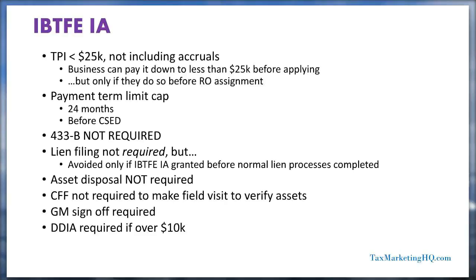Also, collection field function, CFF, if you're not familiar, that's a revenue officer, is not required to make a field visit to the business location to catalog, inventory, and verify the value of assets. This is normally required in an installment agreement or OIC process for a business, but under express criteria, it's not.